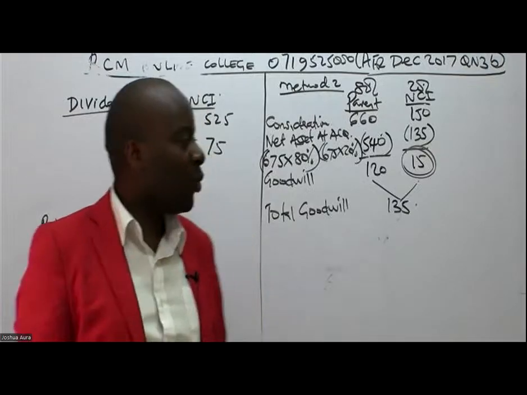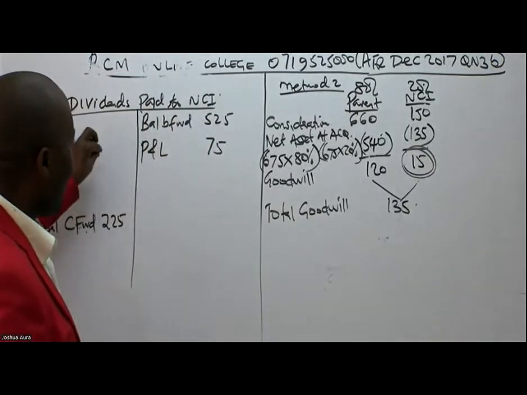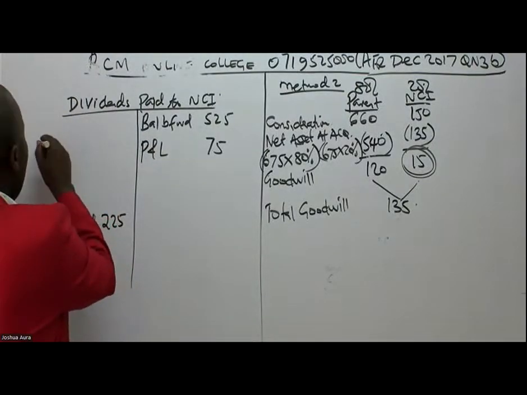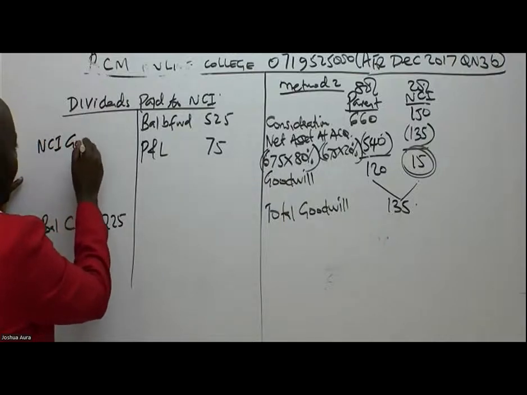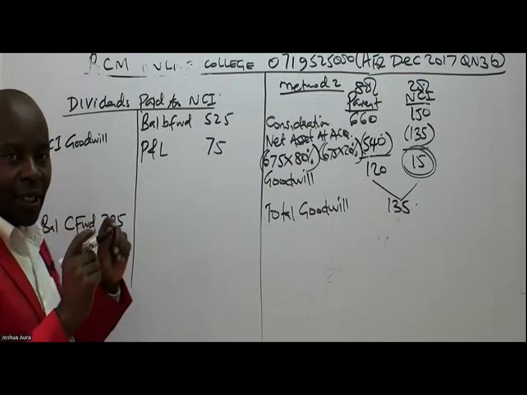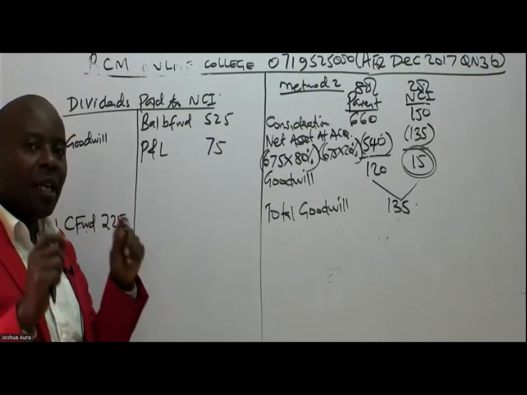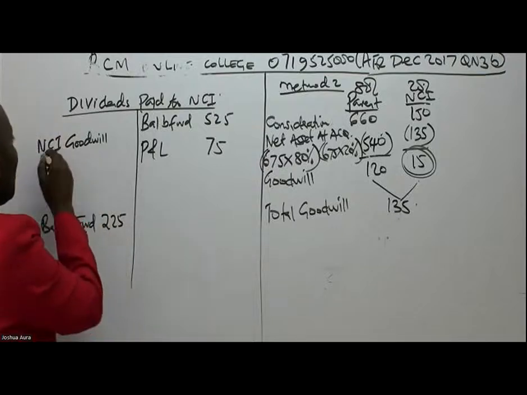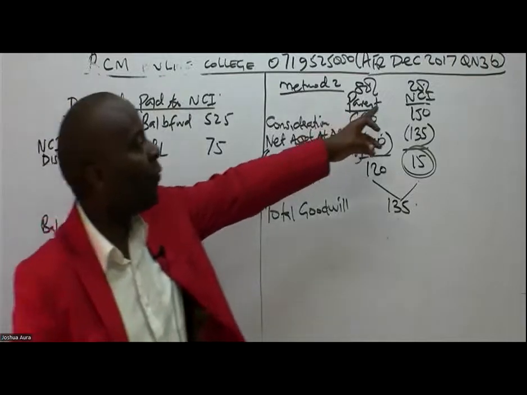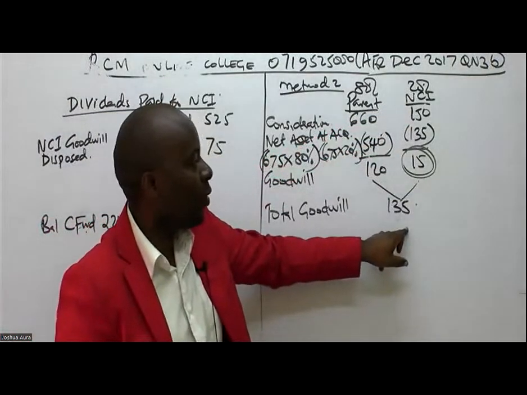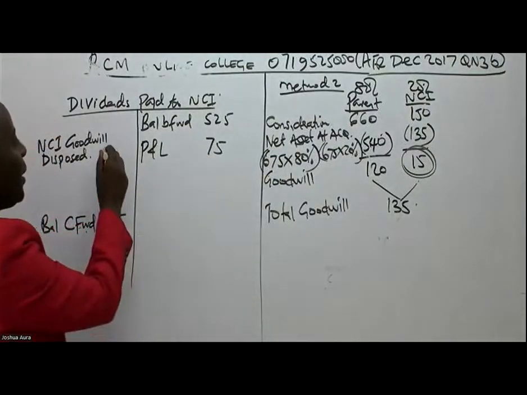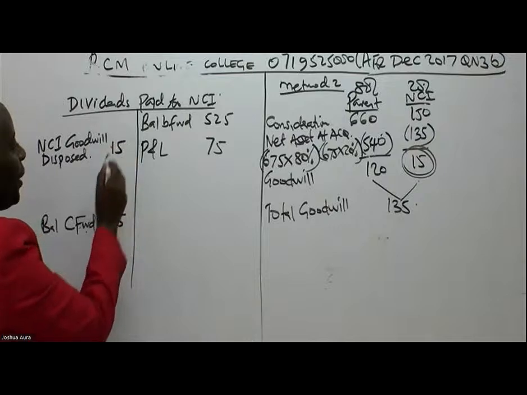When their account reduces, we debit. So we have NCI's goodwill, which went down because of disposal. So NCI's goodwill disposed, and that is what we were doing for NCI alone. NCI's goodwill is 15 there.